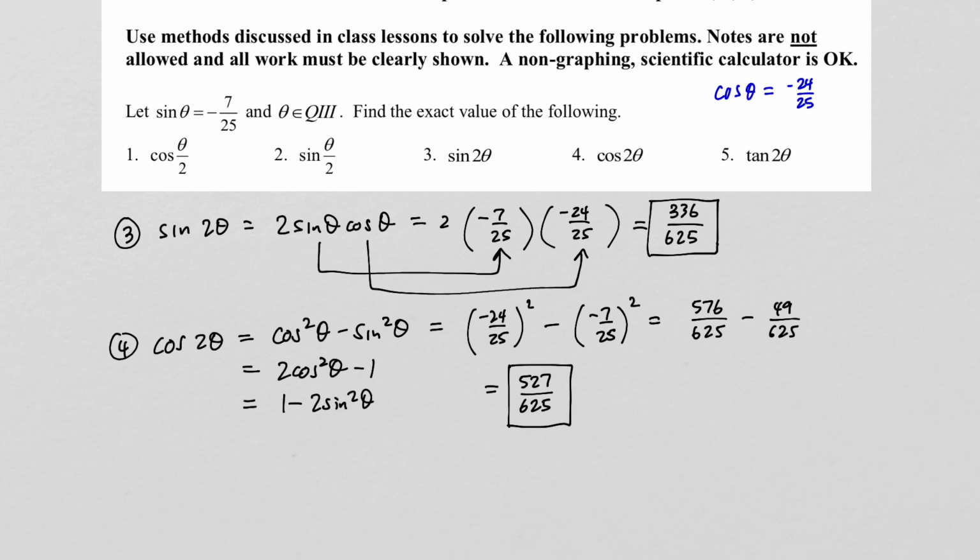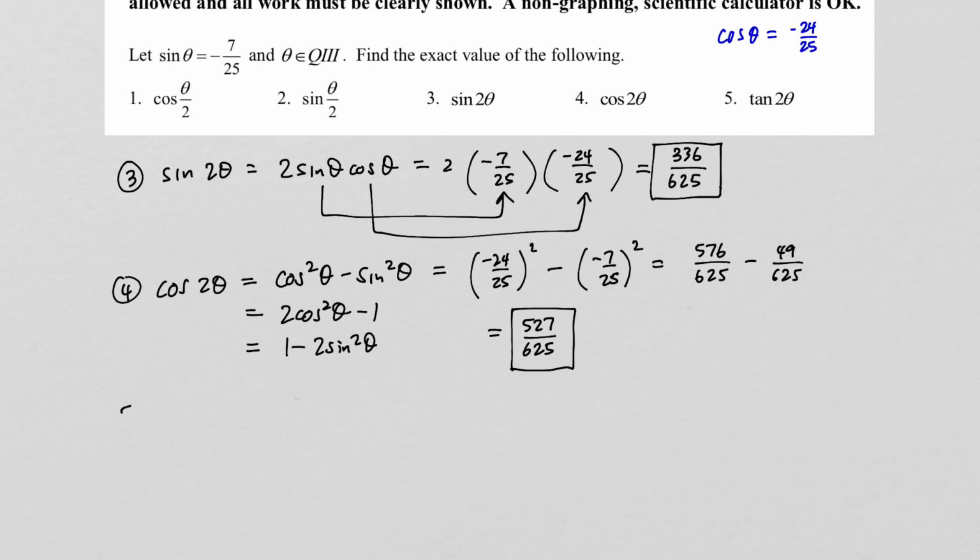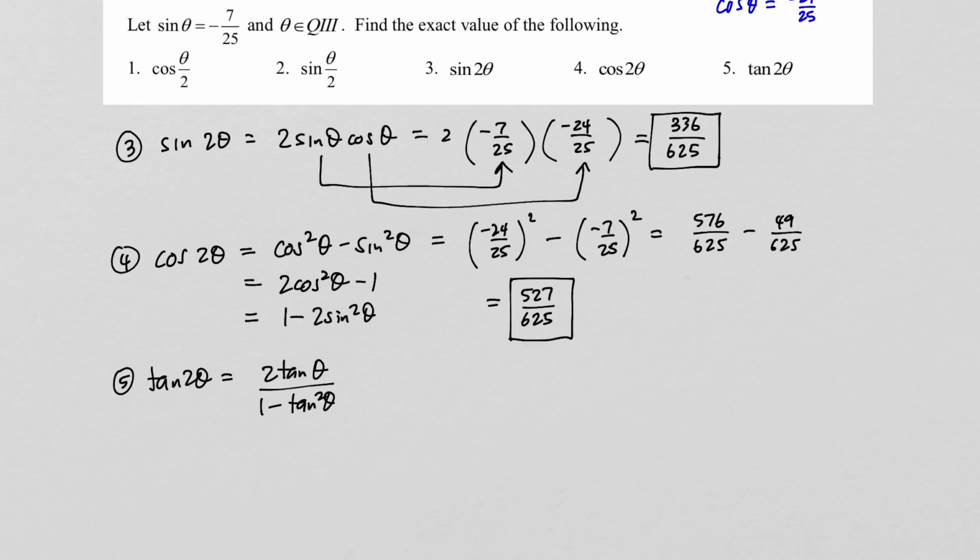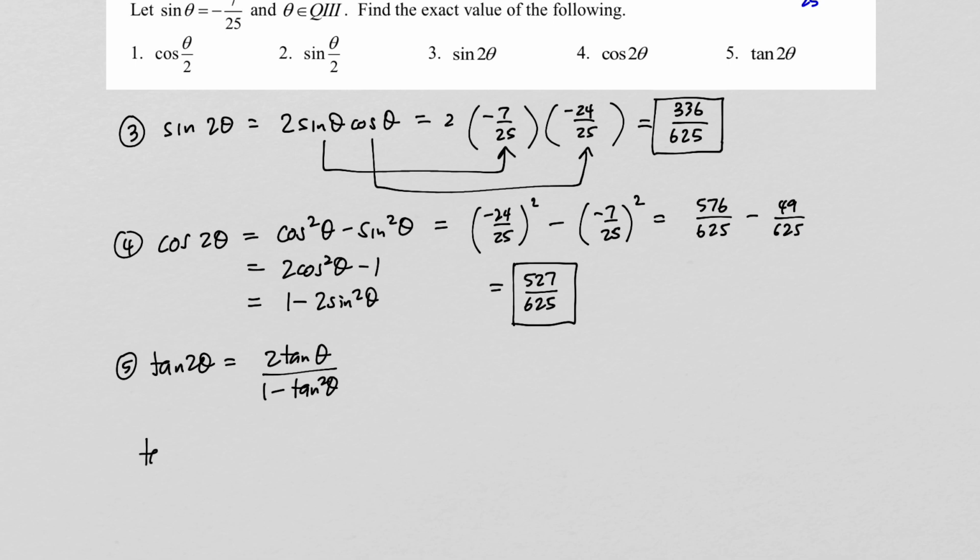Now to find the tangent of 2 theta, there's 2 ways you can do this. One way to do it would be to use the identity, which is 2 times tangent of theta divided by 1 minus tangent squared of theta. But to do this, you would need to know the value of tangent, okay? And we could figure that out, but we can also say that tangent of 2 theta is simply sine of 2 theta divided by cosine of 2 theta.